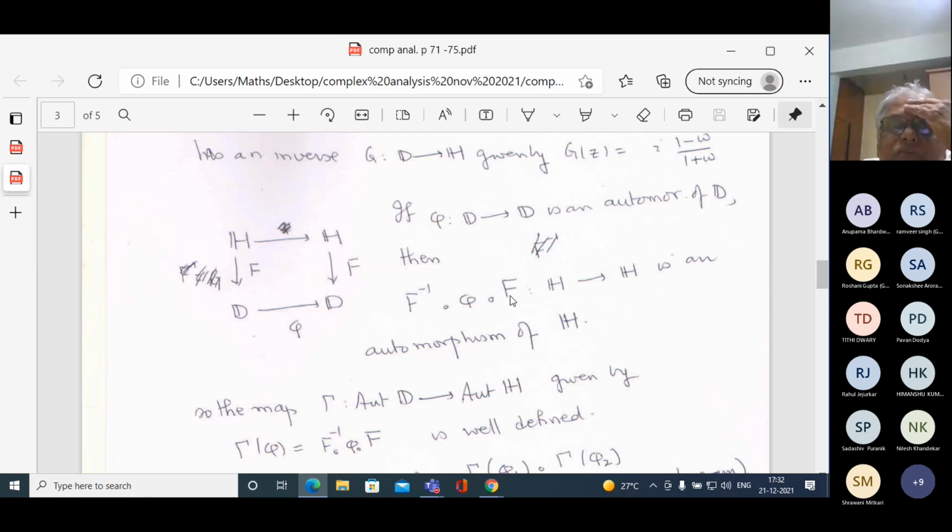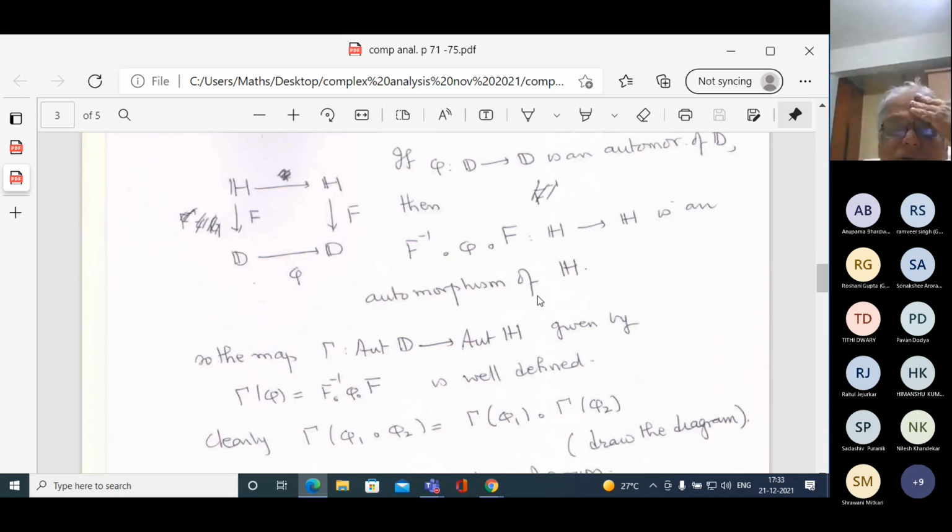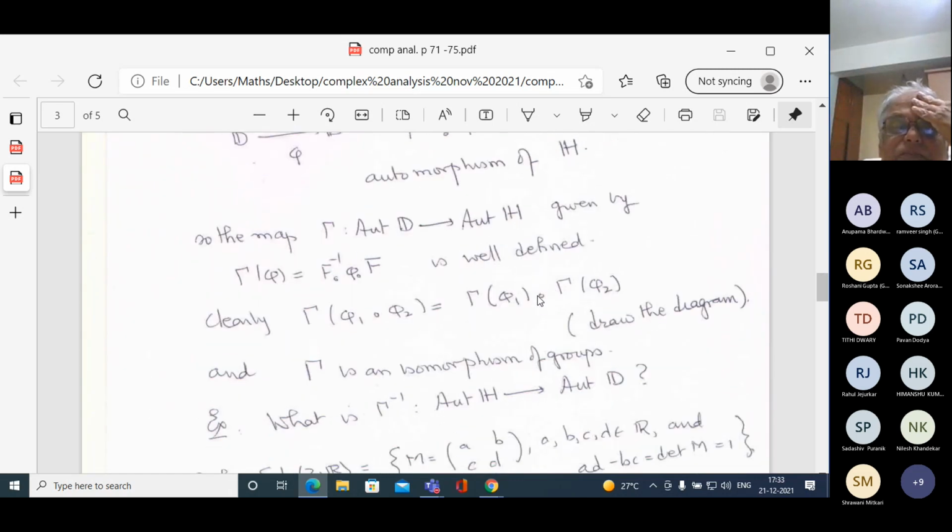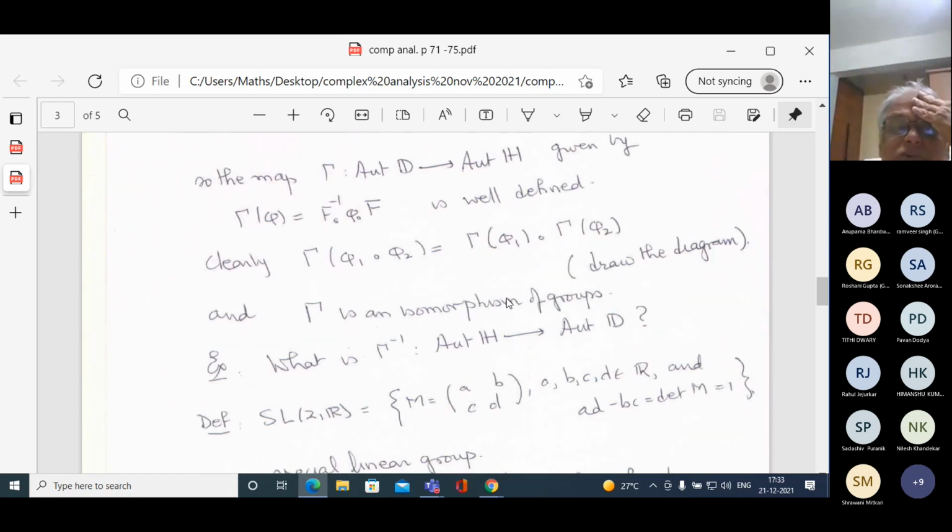F inverse phi F. And there is some very abstract thing that is going on here. This can be thought of in categorical terms, but as usual, one must first think of this as a conjugation and then understand it in terms of categories. So anyway, this is an isomorphism of groups.